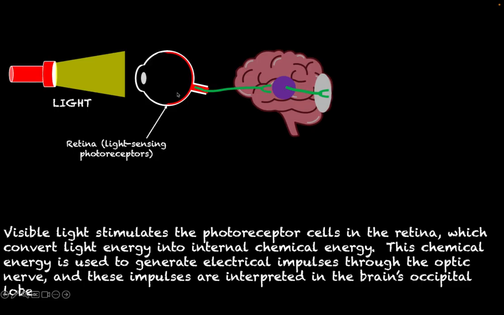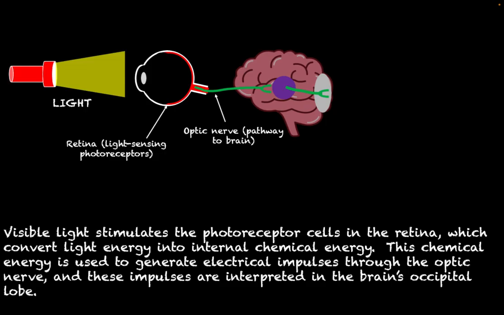And this is going to convert that light energy into internal chemical energy. So these photoreceptor cells, which contain these photoactive pigments, are going to convert the light energy in those photons of light to internal chemical energy, and then use that chemical energy to send an electrical signal through one of your cranial nerves, which is called the optic nerve.